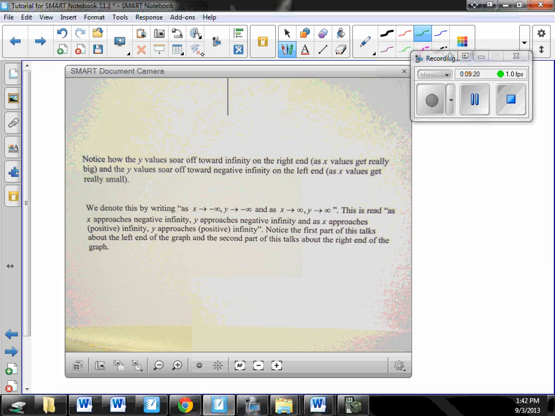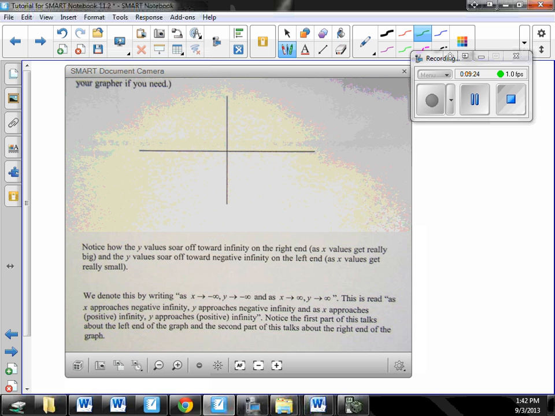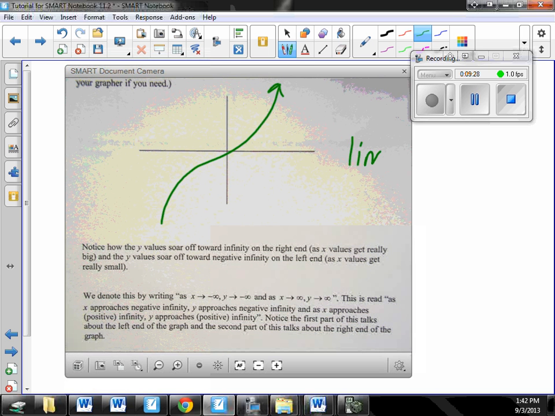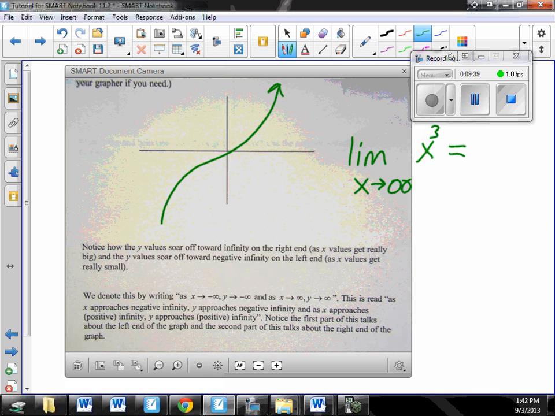Let me get to where we can see that again. So here's my graph. So the limit as x approaches infinity of the function, and our equation is x to the third, equals, and this is our y value.